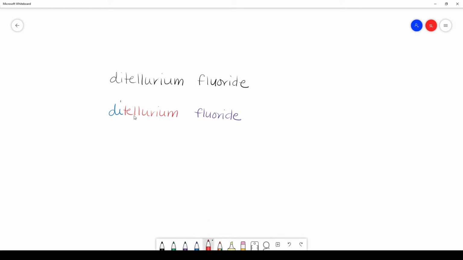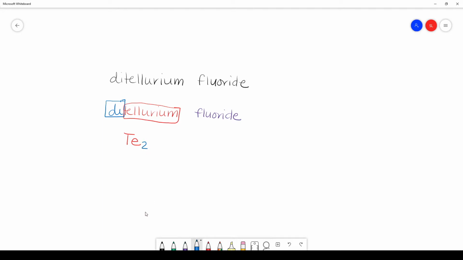So translating this, tellurium has the symbol Te. Our prefix that goes with tellurium is di.